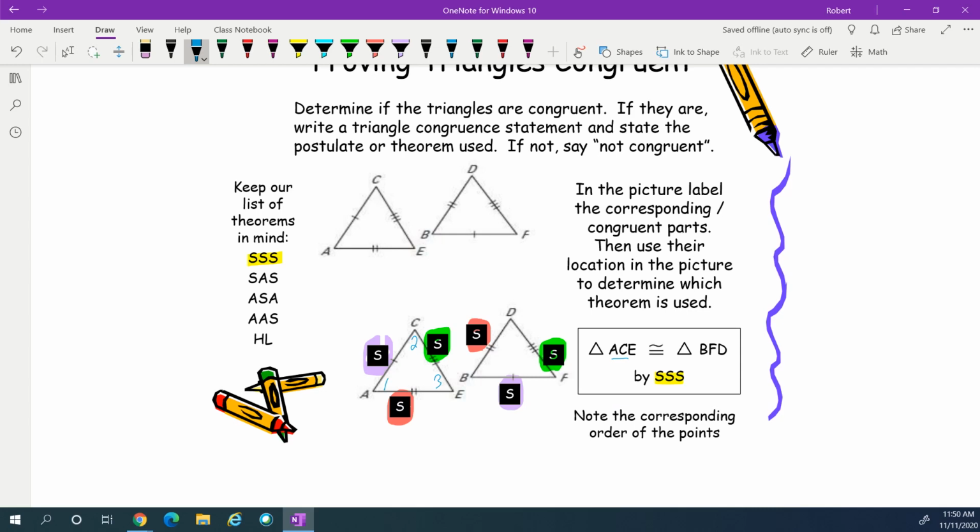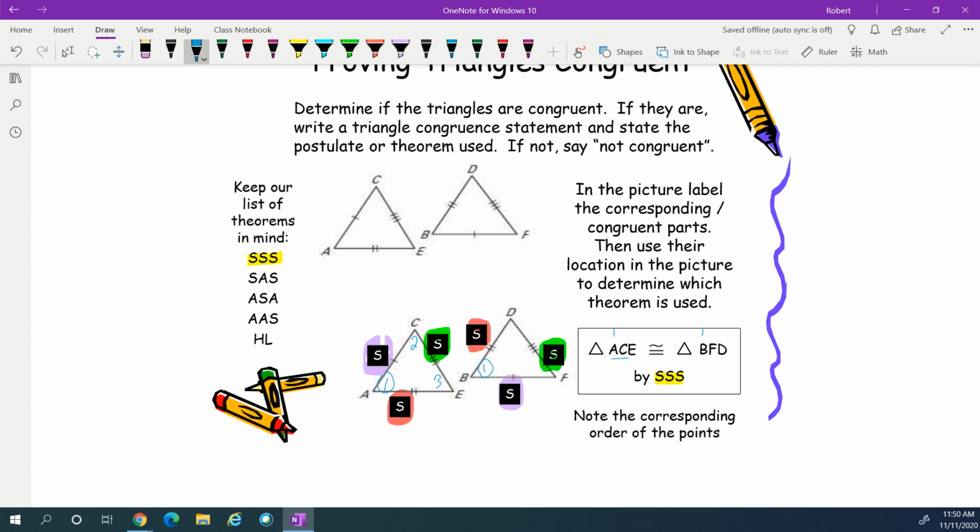Now I have to match it in the second one. So I made angle 1 between sides 1 and 2. So I have to go to the second triangle and say, okay, angle 1 is between sides 1 and 2. So A came first, B comes first in the other one.